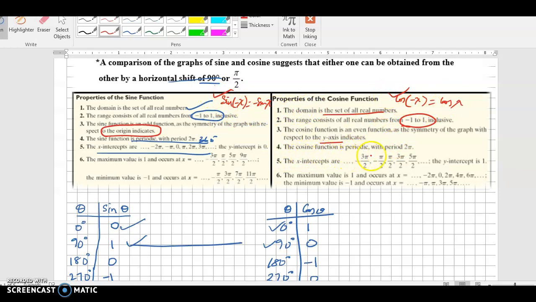The cosine function is periodic with period 2 pi, or you can say 360 degrees. The x-intercepts are at these places in radians, and in degrees we just saw them as -270, -90, and so on and so forth. The maximum value is 1 and occurs at these points.